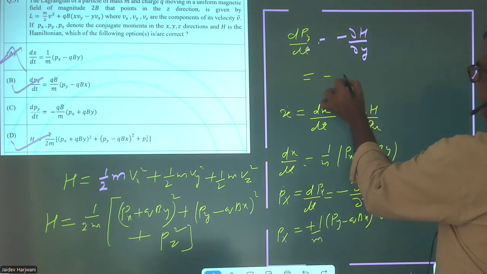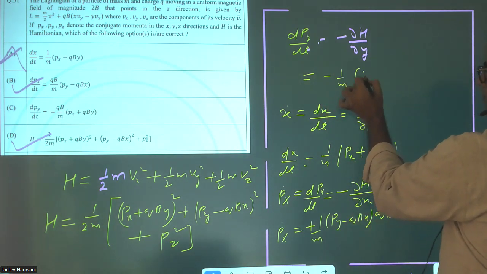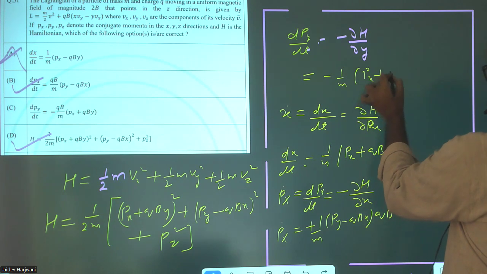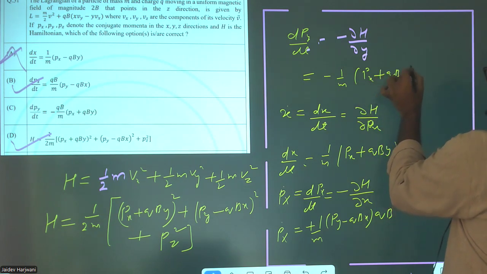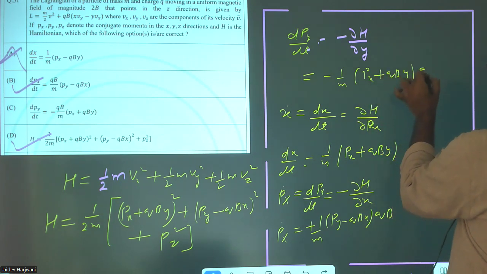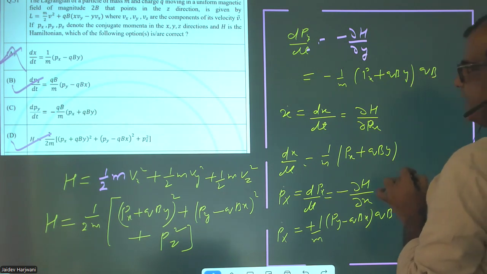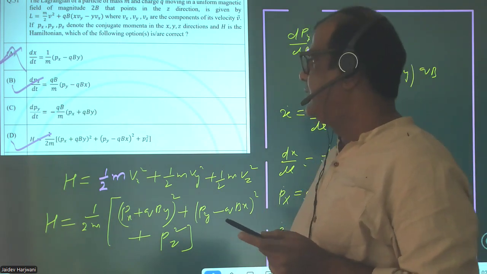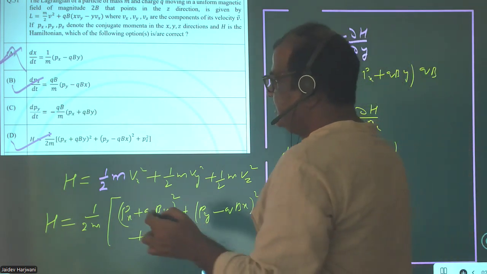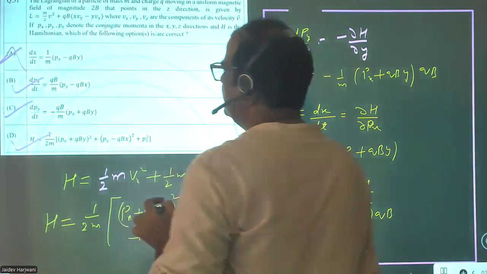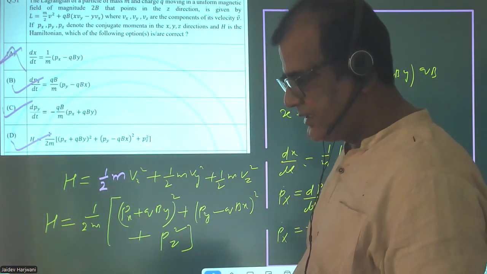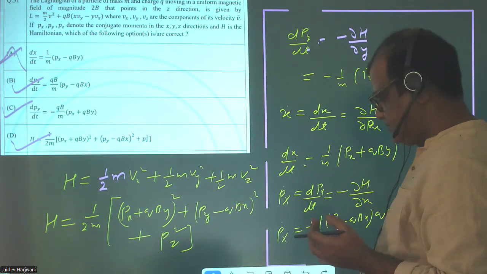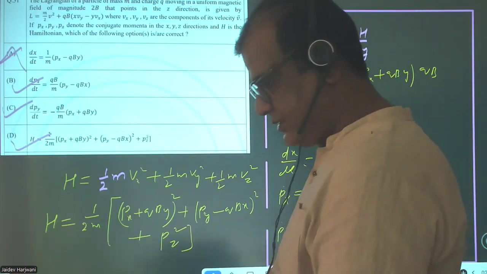So this will be 1 by m (px + q by), and now q b will come also. So minus q b by m (px + q by). So option C is also matching. So B, C, D are correct. Only A is not matching. Okay, so this was the second question.